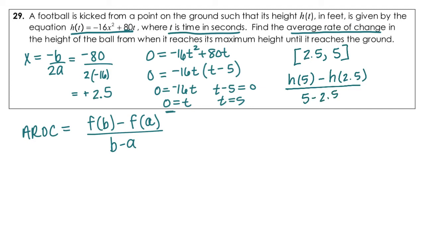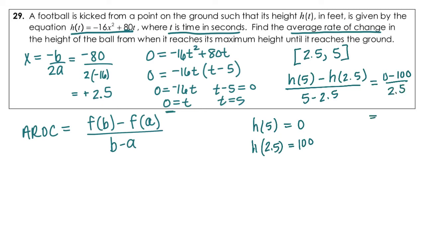In the calculator, h at 5, plugging into the original function h, is going to give you 0. And then h at 2.5 is going to give you 100. So your average rate of change is going to be 0 minus 100 over this difference, 2.5.